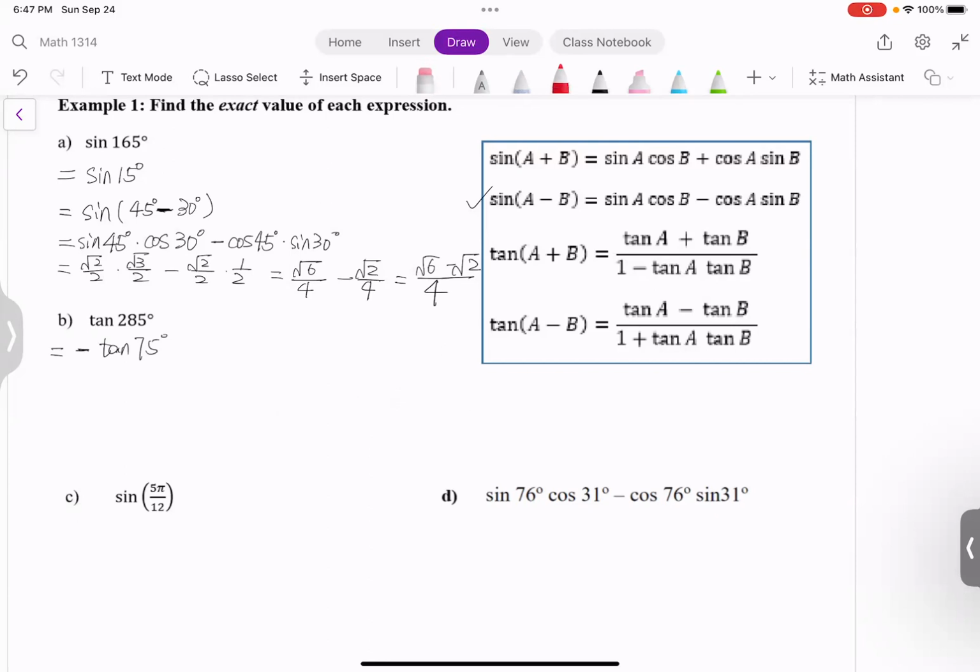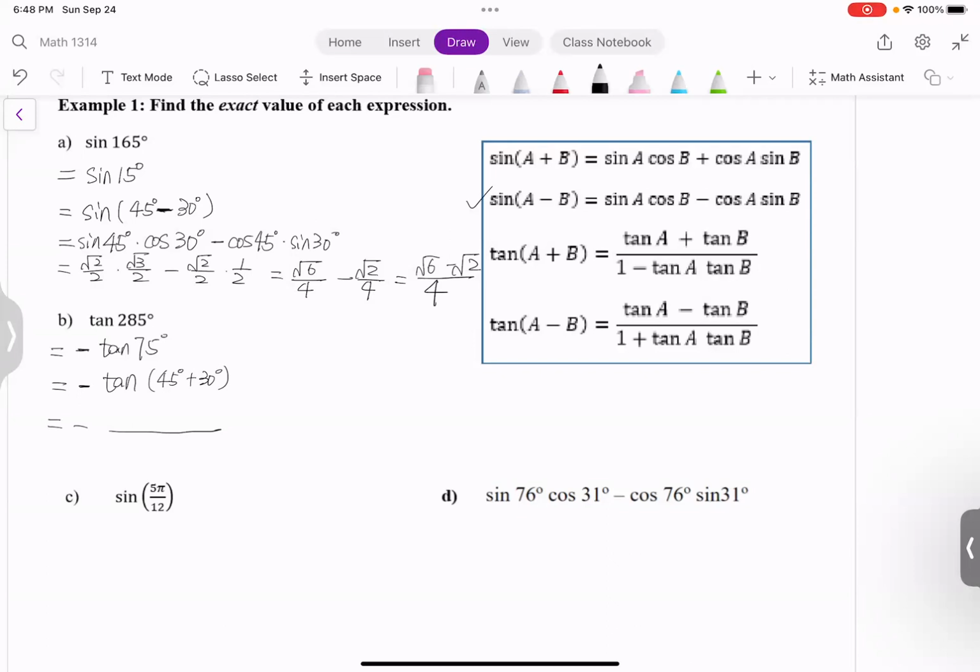All right. Let's see, for tangent 75, that's not a special angle, but I have learned that 75 equals 45 degrees plus 30 degrees. Oh, I can use the formula to find the value. So 75 equals 45 degrees plus 30 degrees, and then I use the formula.